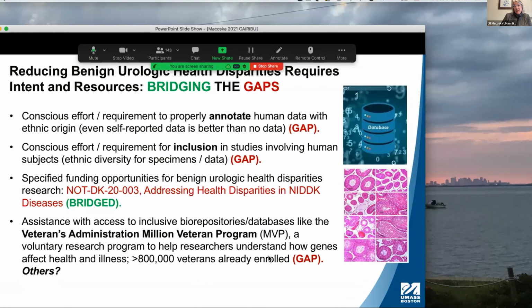This is a voluntary research program to help researchers understand how genes affect health and illness. It will be diverse, it is very inclusive. If you're outside the VA system, it is right now very difficult, if not impossible, to get access to the information and specimens there. We actually need that. And so we need to find ways to do that. So that's a gap. And there's probably other databases and biorepositories out there that are maybe not so accessible to us as researchers, and we need to try to bridge that gap.